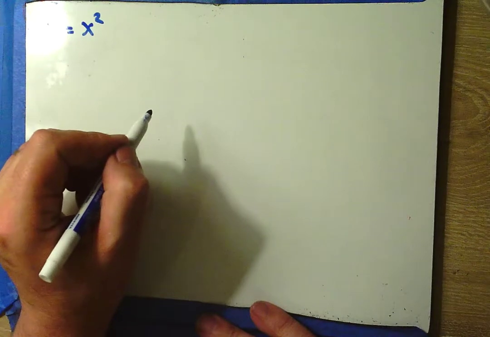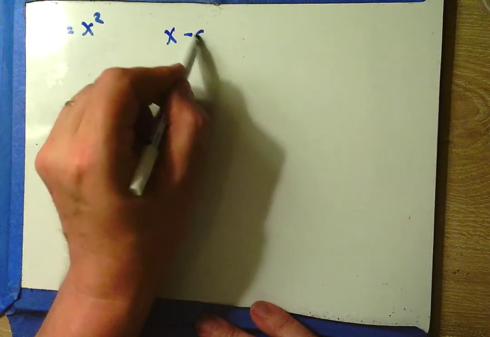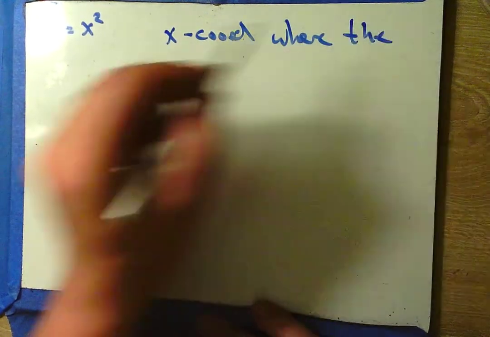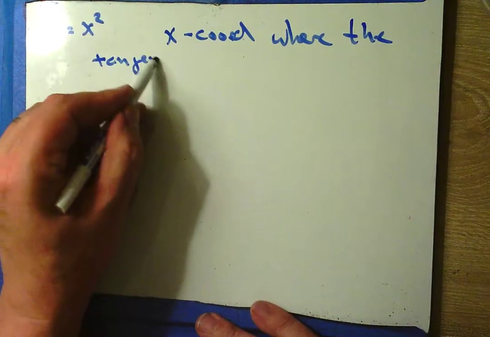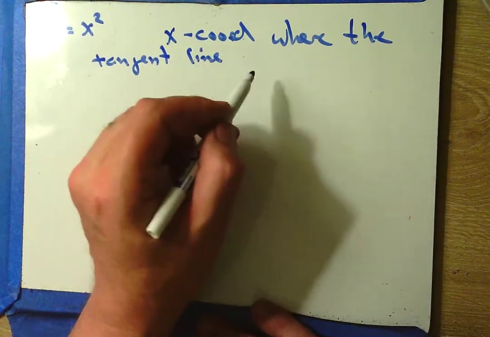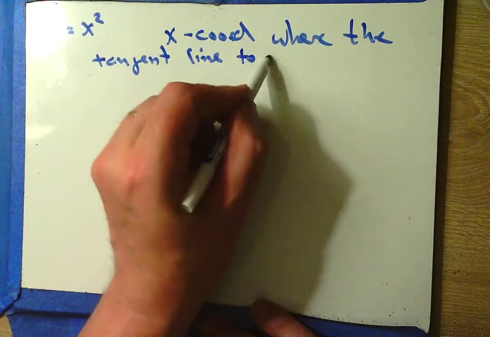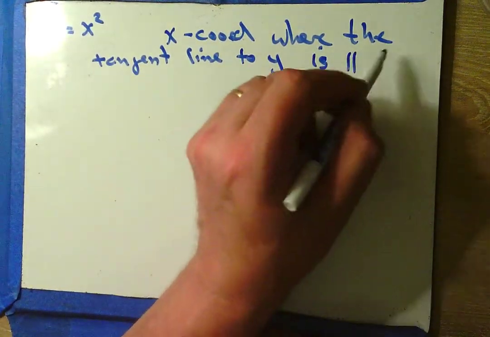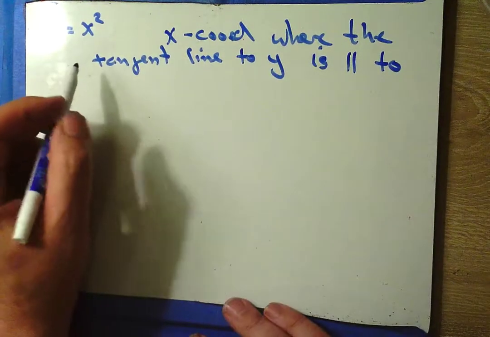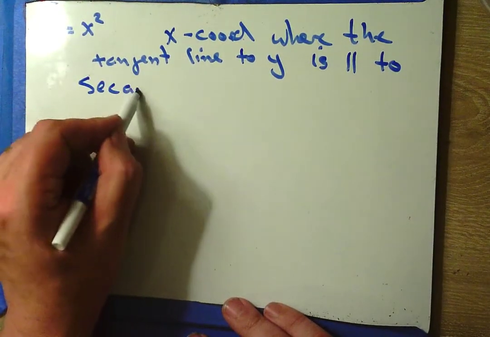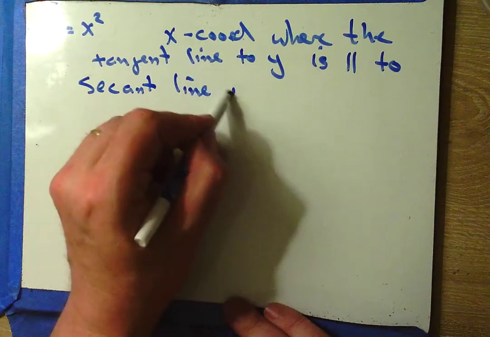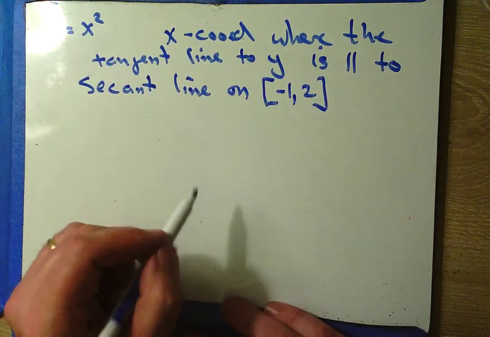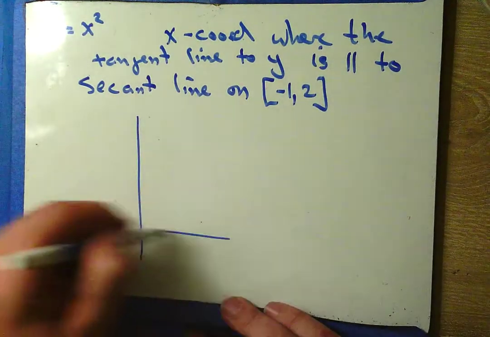And we're asked to find the x coordinate where the tangent line to y is parallel to the secant line on negative 1 to 2. Huh? Well, let's take a look at a picture.